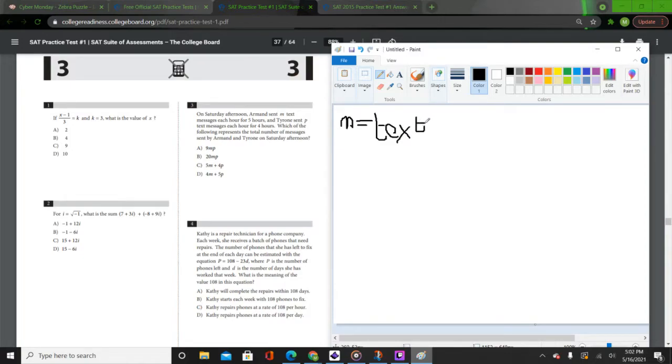Armin's text messages in particular, for 5 hours, and Tyrone sent P text messages each hour for 4 hours. So, sorry, it's not text, it's text per hour. And P is equal to the same thing, so we'll just write that. Granted, it's a bit messy.